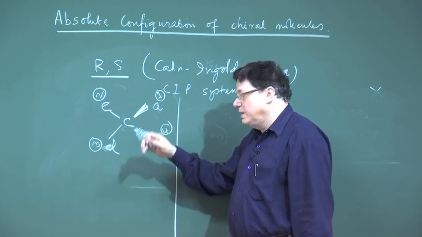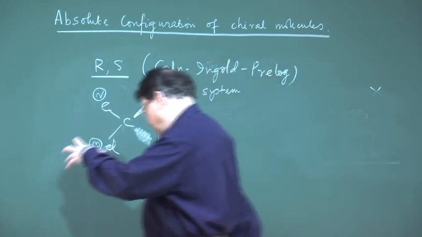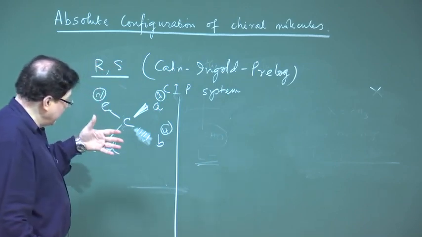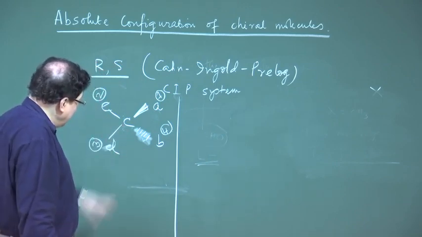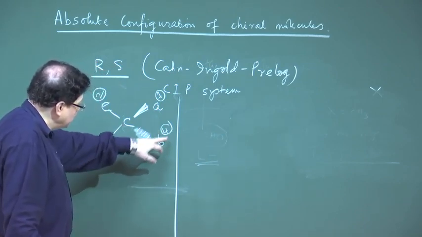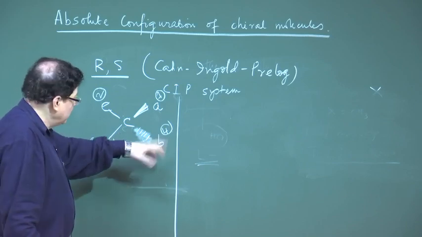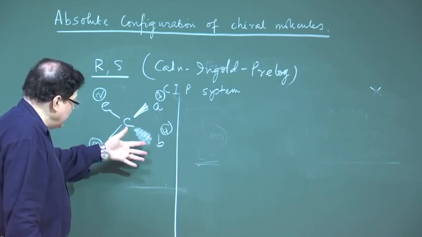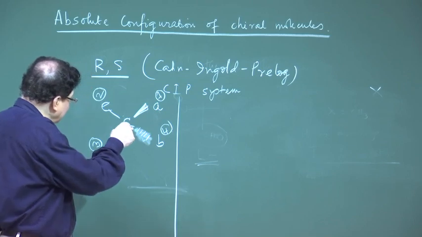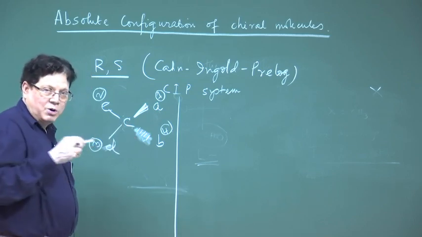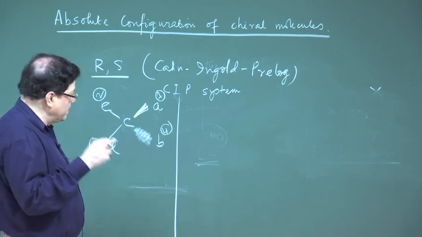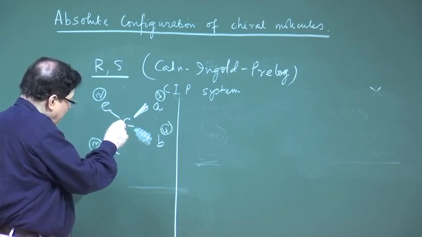So, it is not difficult, the face that we are having here. We are actually in front of the board, and this group, which is the B group, having the 4th priority, the least priority, is at the back. So, whatever I see from here is according to the rule. The rule says you look at the carbon away from the 4th group.